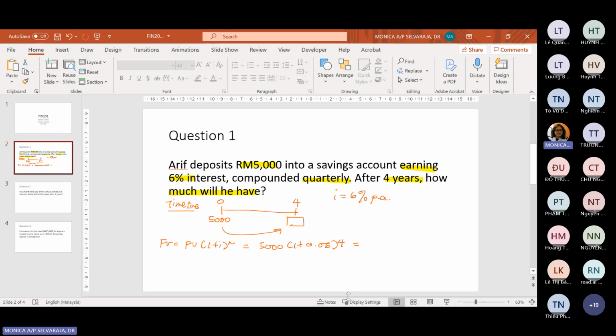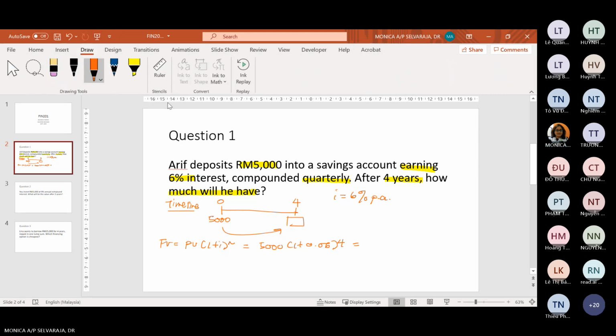Okay, so what's your answer, guys? Quickly, please type in the chat box. I want to see your answer. Okay, correct. 6,312. The answer is 6,312.38. Okay, so this is the answer.